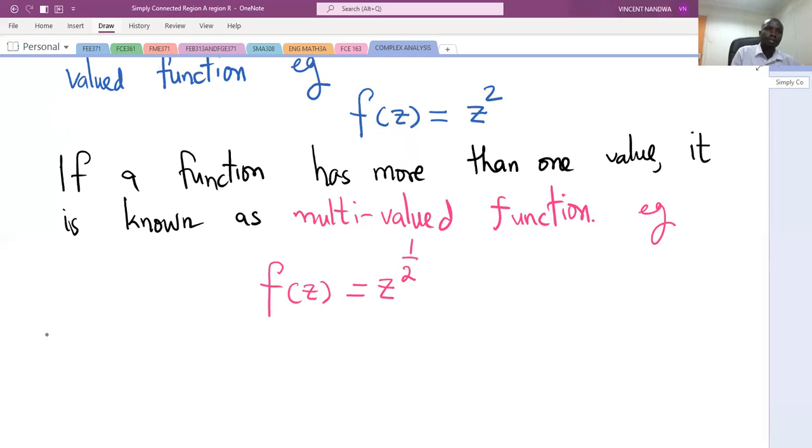Next definition, let's define what we call the limit of a function.